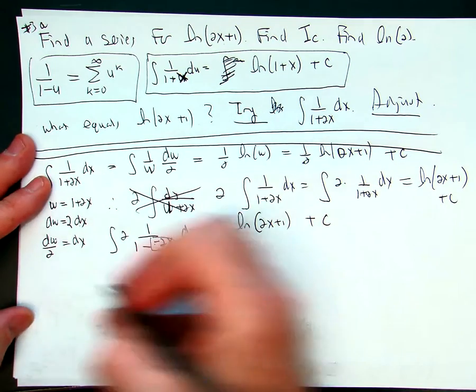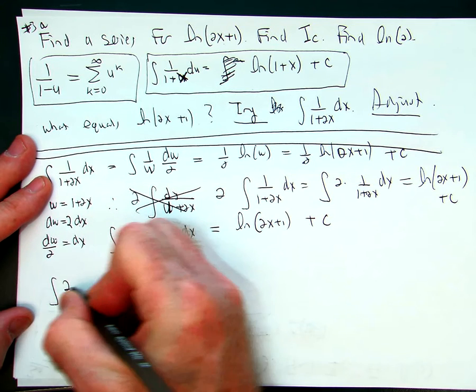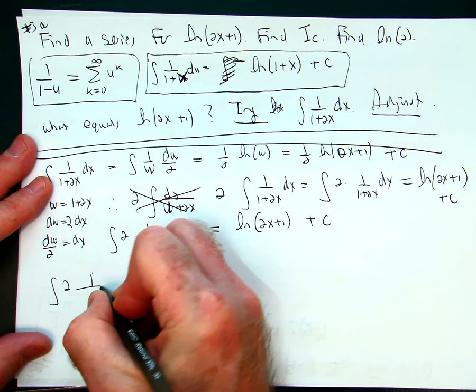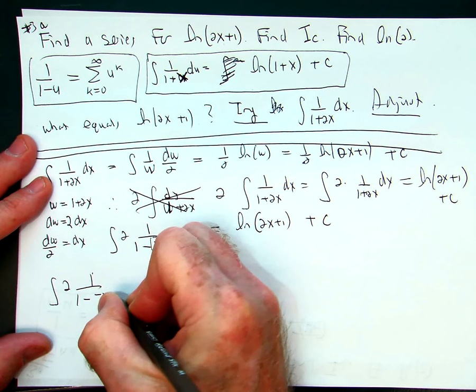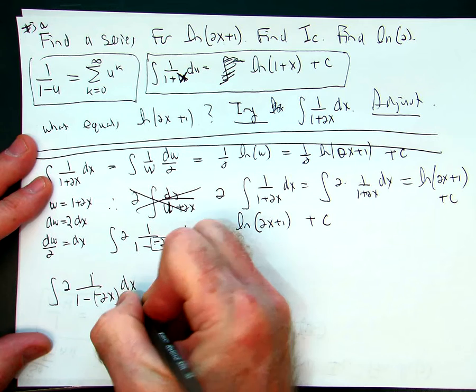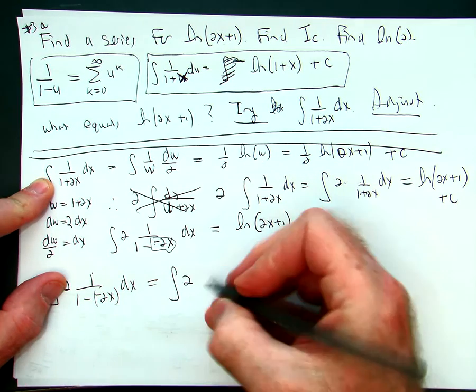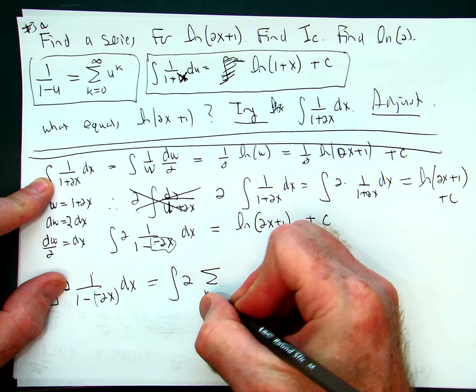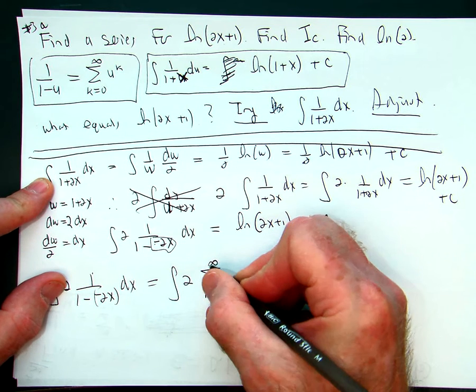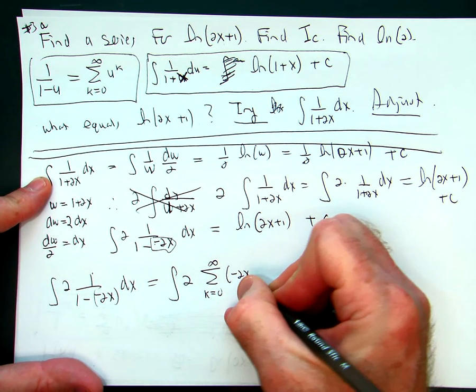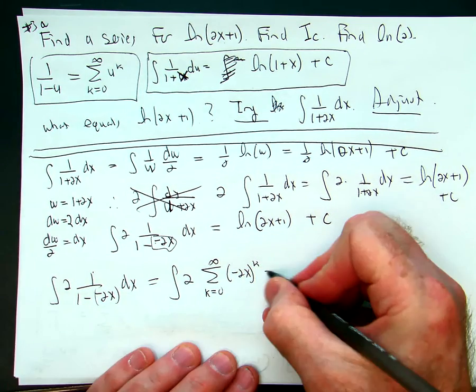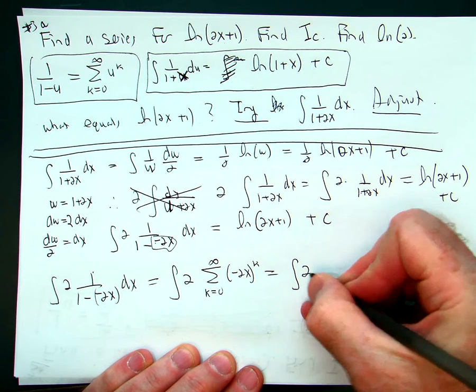So here we go. So I get the integral of 2 over 1 minus (minus 2x), which equals the integral of 2 times a summation, of minus 2x to the k. This is going to be equal to 2.